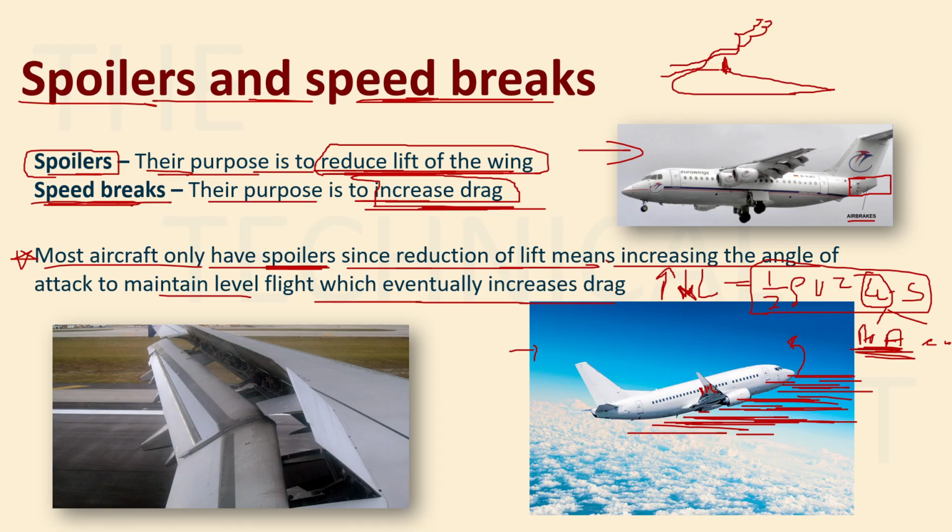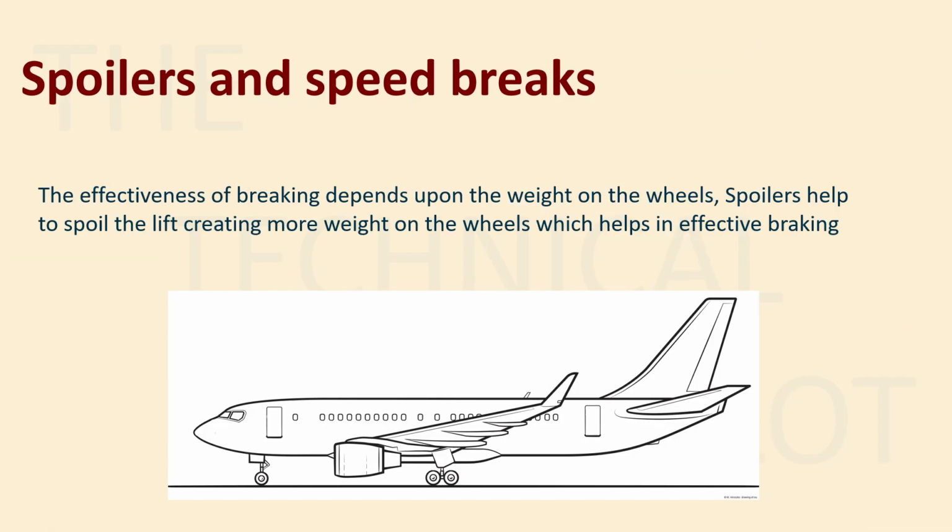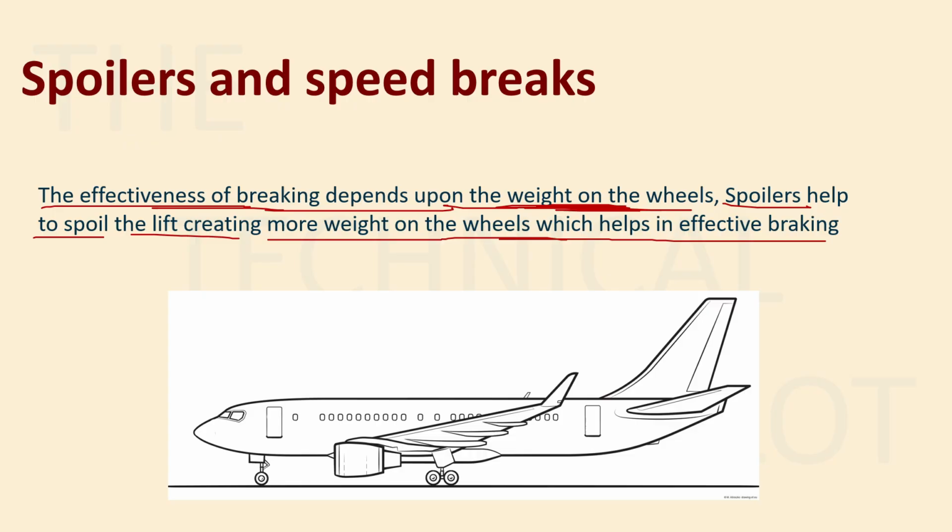The spoilers can function as both speed brakes and your spoilers, of course, right? Then the effectiveness of braking depends upon the weight on the wheels, right? So spoilers help to spoil the lift of the wing, creating more weight on the wheels, which helps in effective braking, right?